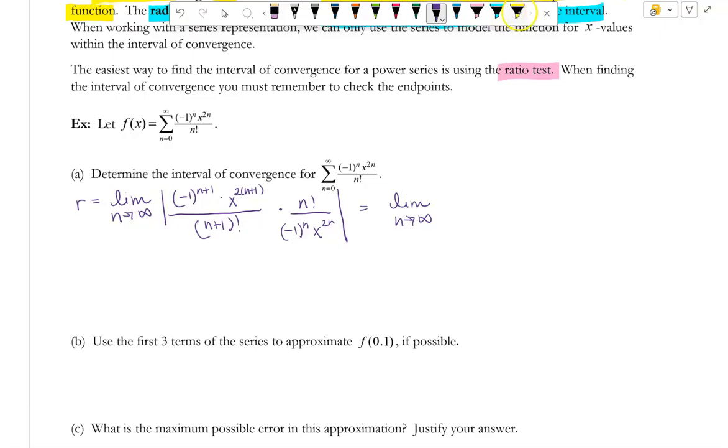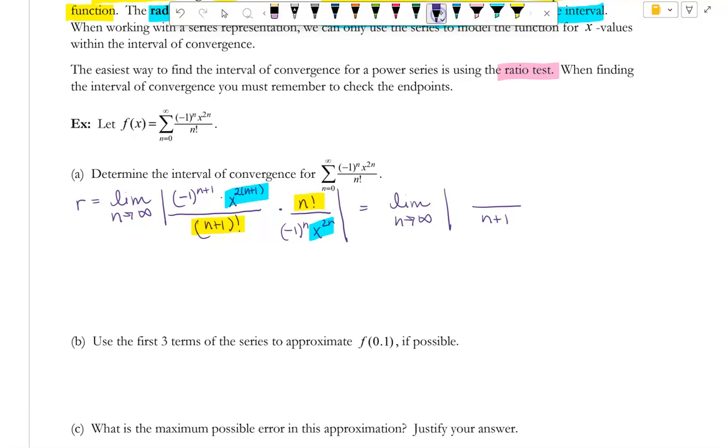But this is going to simplify. Let's look at the different parts. We have an n plus 1 factorial on bottom and an n factorial on top, so in our denominator, we're going to have an n plus 1. I also noticed that we had an x to the 2n plus 2 on top, and an x to the 2n on bottom.